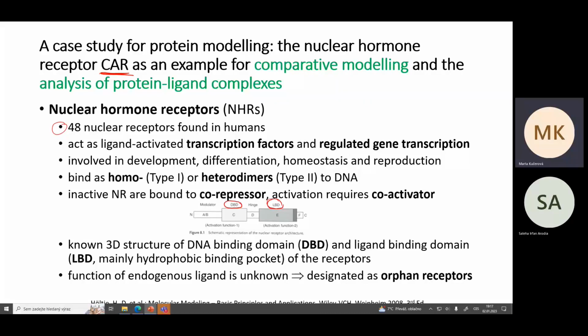So the first step is the binding of the ligand to the receptor, and then it is able to bind to DNA and somehow change development, differentiation, homeostasis, and reproduction of the cells. There are two types, homodimers and heterodimers, among these receptors. And there are some other features in the binding like co-repressor and co-activator.